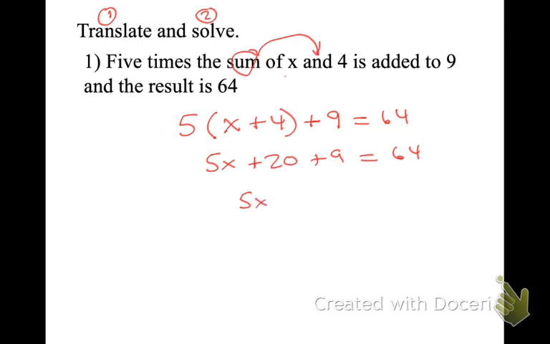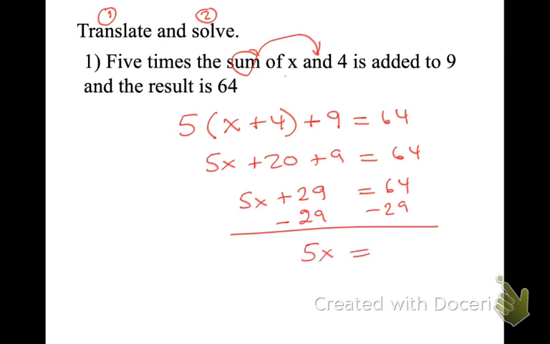We're going to combine our like terms, plus 29. I'm subtracting 29 from both sides. Notice I'm showing that property of equality. 5x equals 14 minus 9 is 5. That becomes 15, right? And that becomes 5 minus 2 is 3.